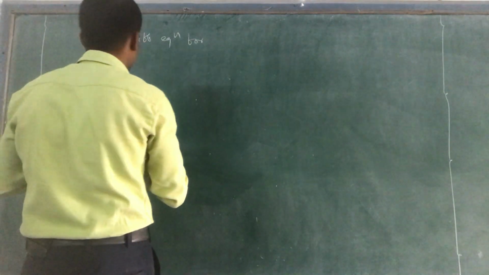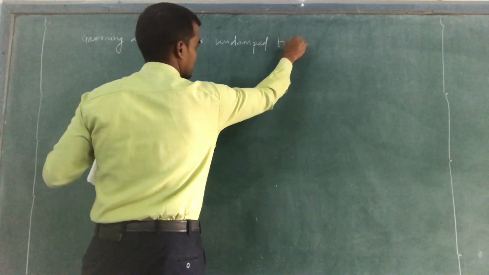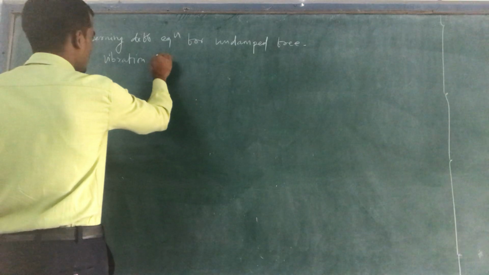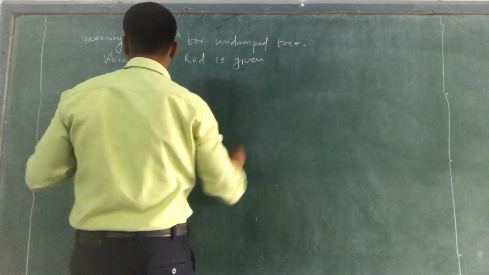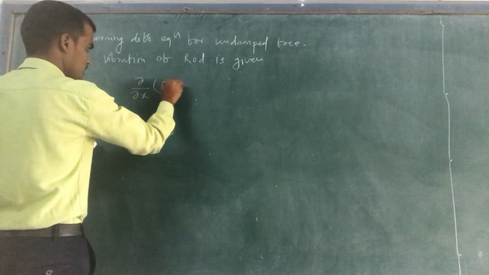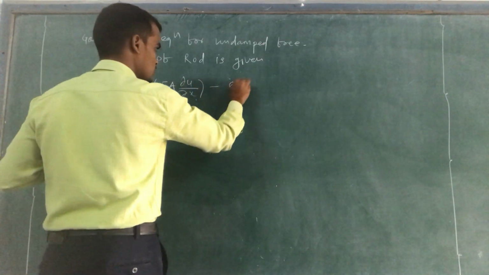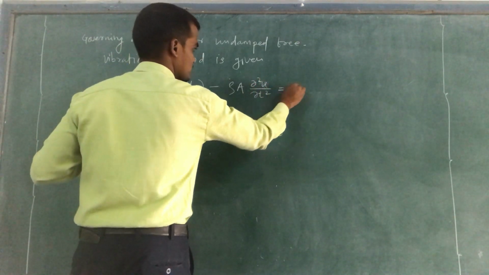The governing differential equation for undamped free vibration of a rod is given by dou by dou x of (EA dou u by dou x) minus rho A dou square u by dou t square is equal to 0.